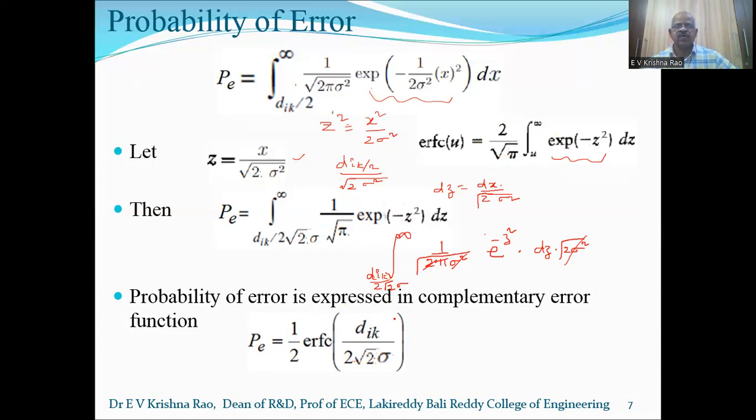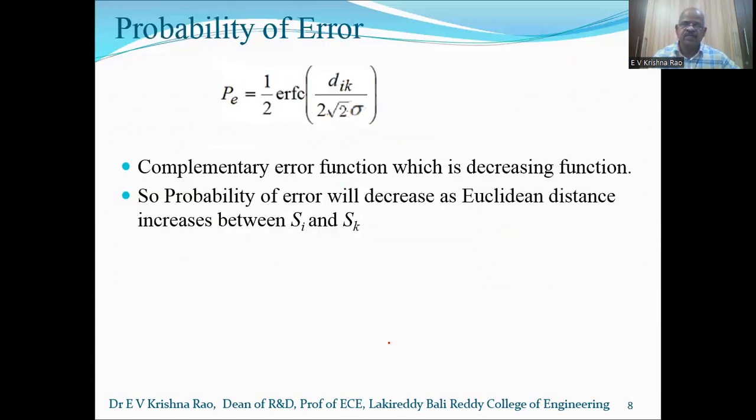So this probability of error is expressed in the complementary error function of dik by 2 root 2 sigma. If we consider dik as the Euclidean distance between any two signals, and this distance is more, then the probability of error is less, because the boundary region having the chance of getting into the other region is less probable.